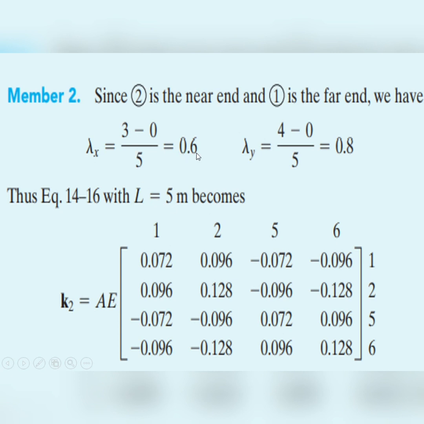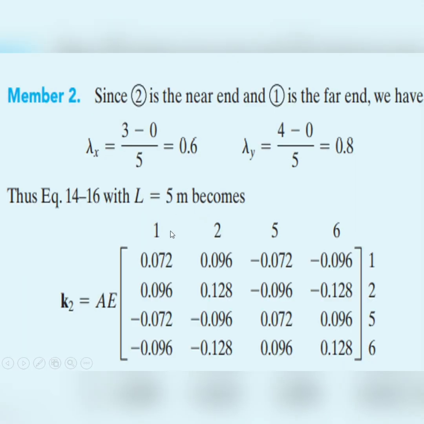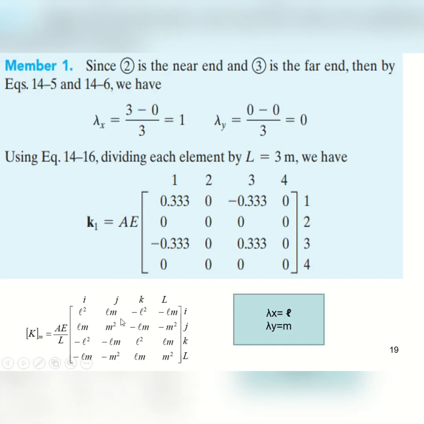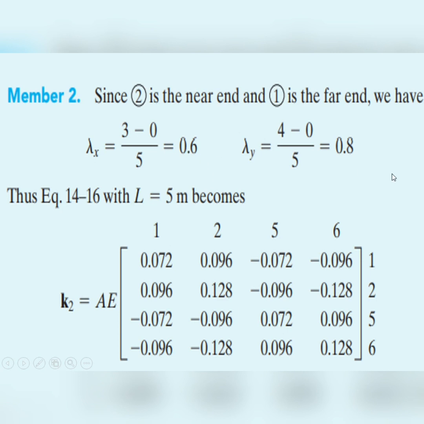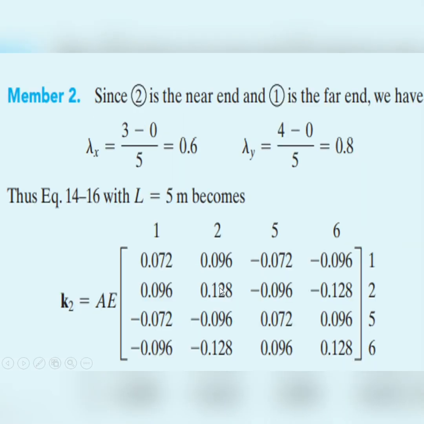Then we divide 0.6 squared by 5, which gives 0.075, and for lm, 0.6 multiplied by 0.8 divided by 5, we get 0.09. It is the same procedure we followed in the previous equation.